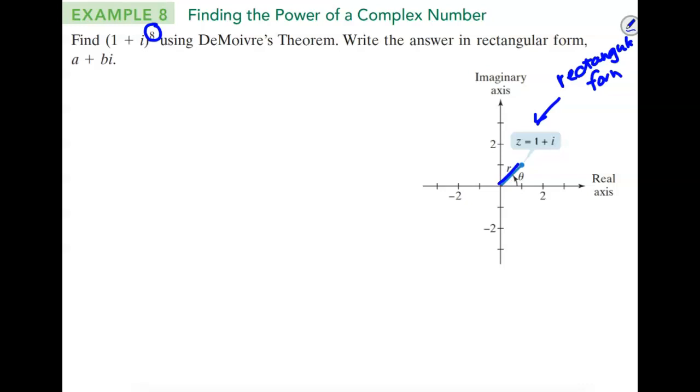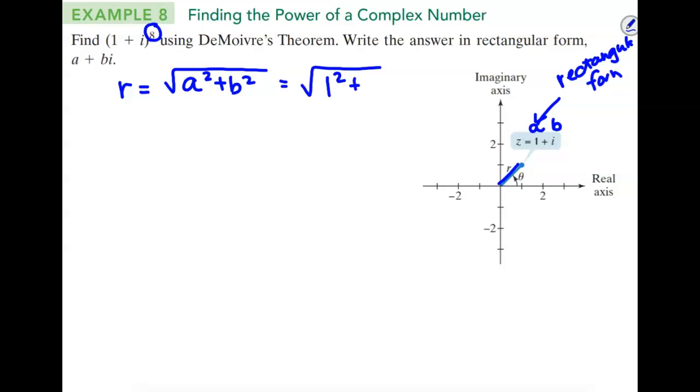How long is that? If you remember back to our previous lessons, to find that r value, you're going to use this equation, the square root of a squared plus b squared. This is our a value and that's our b value. Our a value is the distance on the real axis, 1, so 1 squared.